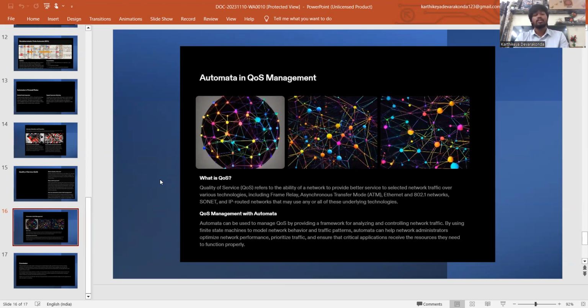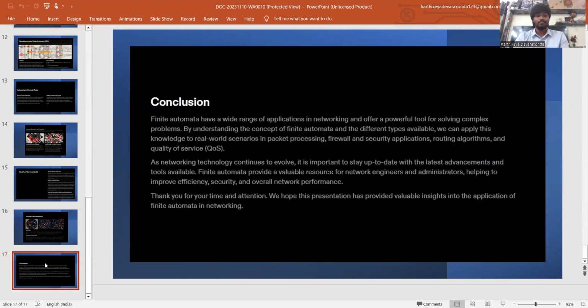Finally, we'll discuss the conclusion. Finite automata have a wide range of applications in networking and offer a powerful tool for solving complex problems. By understanding the concept of finite automata and the different types available, we can apply this knowledge to real world scenarios in packet processing, firewall and security applications, routing algorithms, and quality of service.